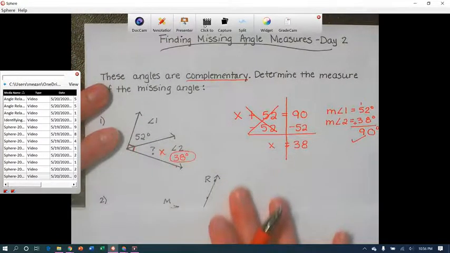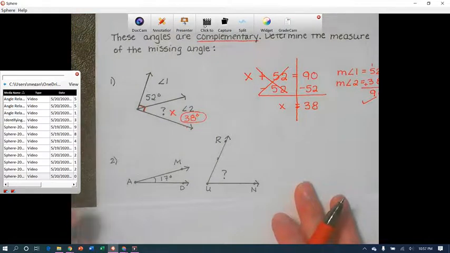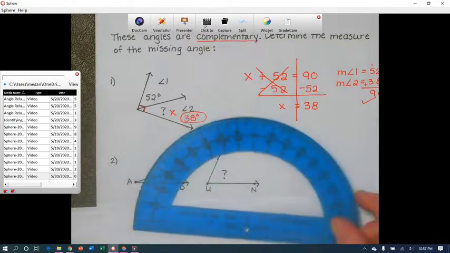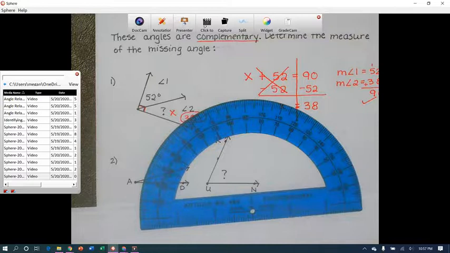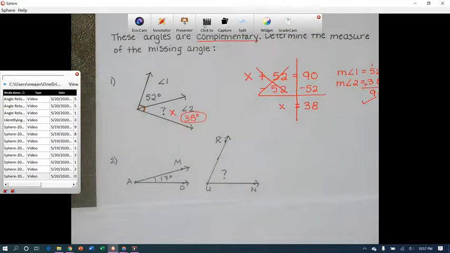Now let's look at these two angles. These are not adjacent, and I actually did measure these out. I went through some stuff at home this evening and found a protractor, which looks like this, and I measured out that angle MAD is 17 degrees.